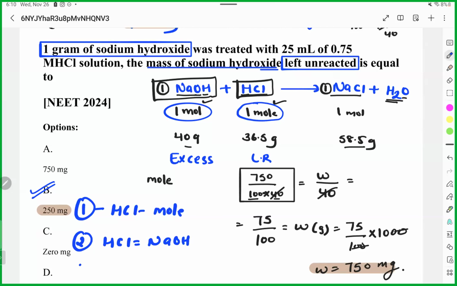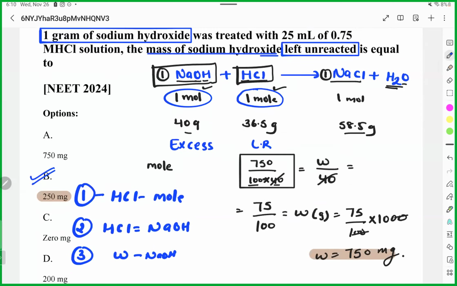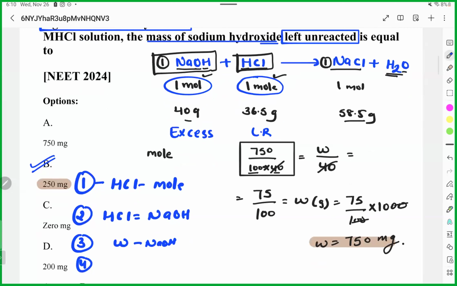Step three, when both moles are the same, you can calculate the mass of NaOH. And fourth step, you convert this mass of NaOH from gram to milligram by multiplying with 1000. Now it looks easy.